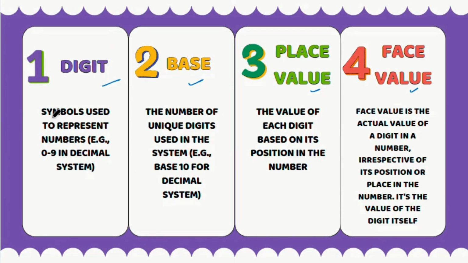What is a digit? A single symbol or numeral used to represent a number is called a digit. Example: 0 to 9 in a decimal system. Let's take an example, 4, 6, 5. In this, 4 is a digit, 6 is a digit, 5 is a digit, but this whole is a number.